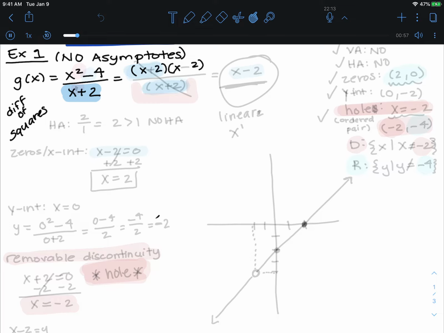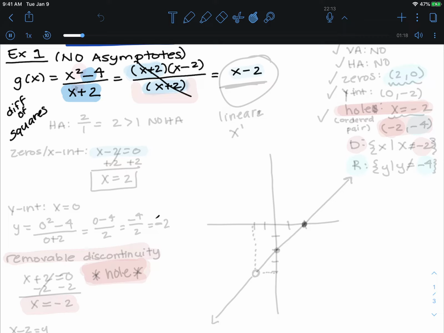And because it's a subtraction, I'm going to have a plus and a minus. Now I can cancel out any common factors, which would be these x plus 2's, leaving me with just an x minus 2.